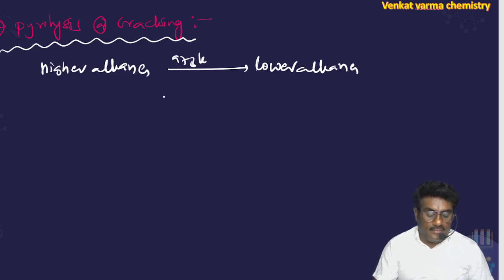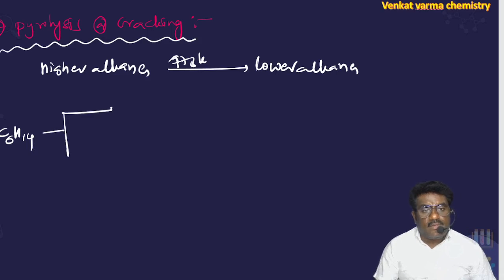For example, at 773 Kelvin temperature, I am taking the higher alkane example C6H14. C6H14 at 773 Kelvin gives C6H12 plus H2.